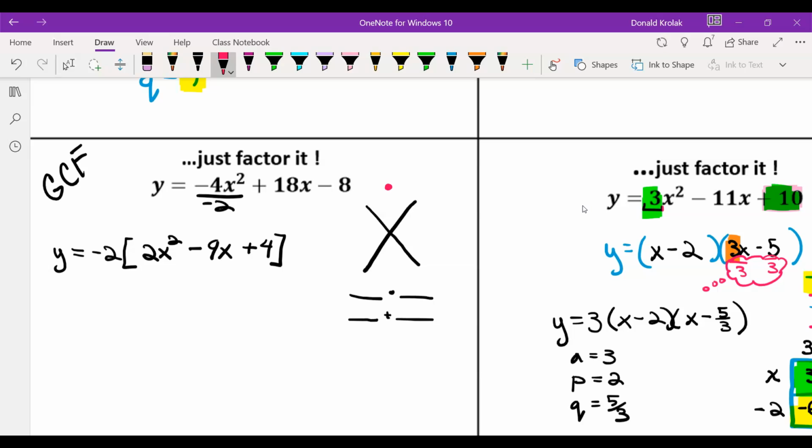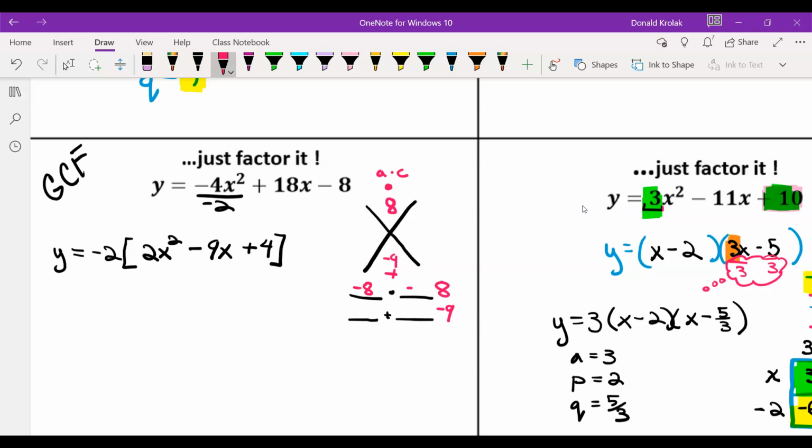Got to multiply together to be 8, 2 times 4, and it's got to add together to be -9. 8 and 1.